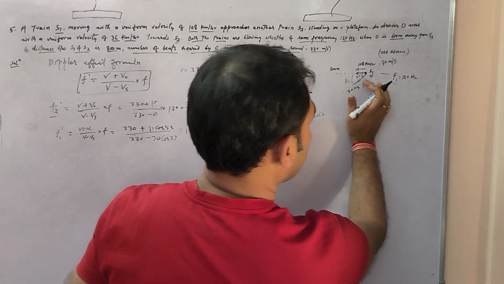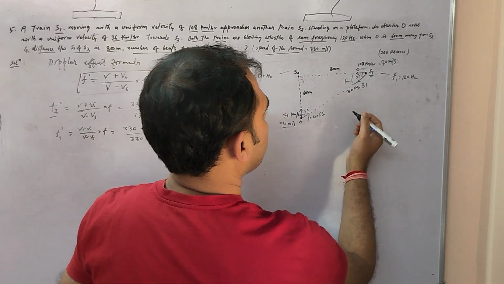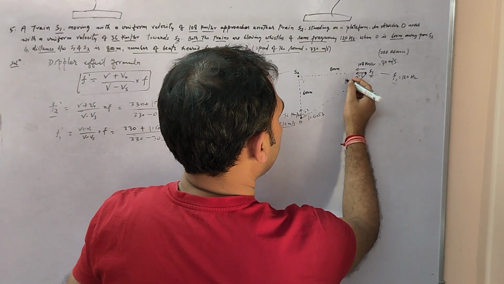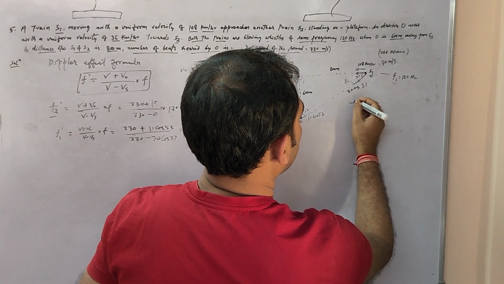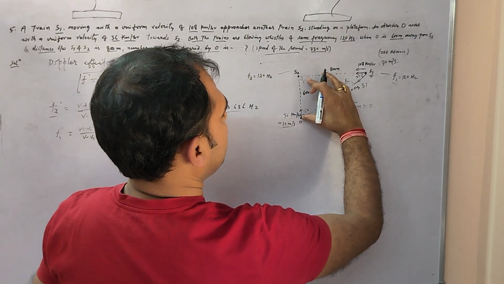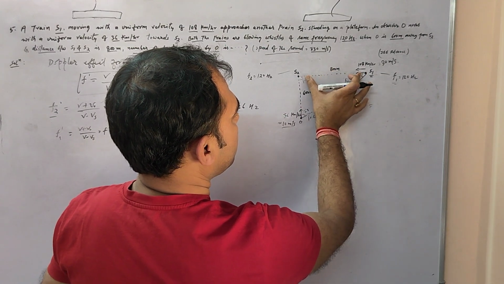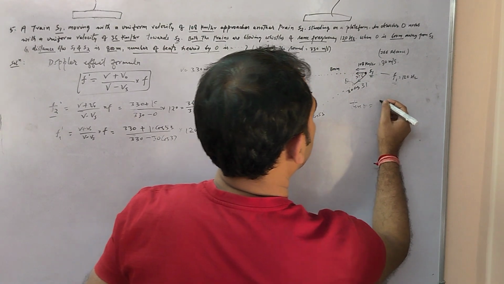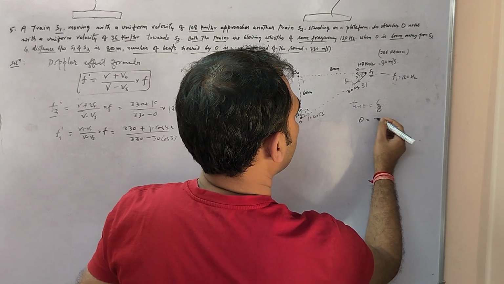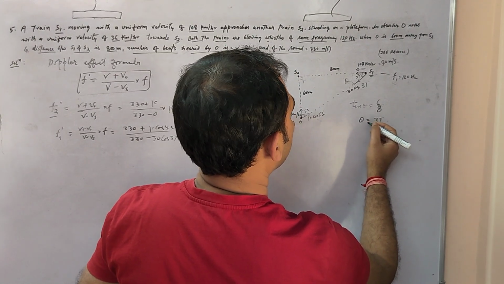And from where we got this 37 and 53? See, if this angle is theta, then tan theta will be equal to 600 by 800, that is 6 by 8. So theta will be equal to 37 degree from here.